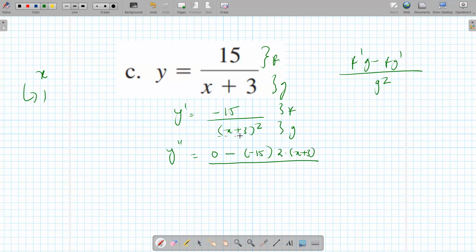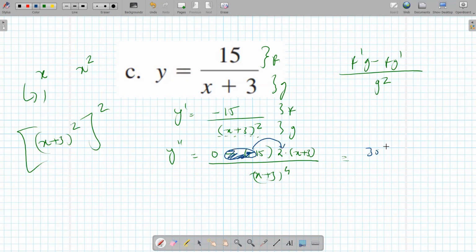All over the denominator squared, right? So you have (x plus 3) squared, and then you have to square this again. What does that give you? The power of 4. Yeah, exactly. So (x plus 3) to the power of 4. If you want to clean this up, the negative becomes a positive 15. 15 times 2 is 30, so you have 30 times (x plus 3) over (x plus 3) to the power of 4.